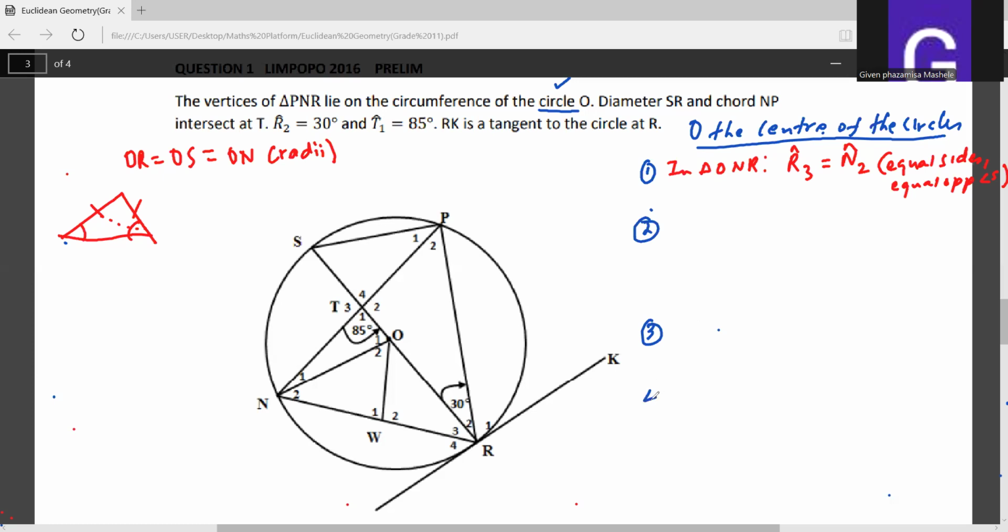Okay, let me just write them in that order. So, angle subtended by diameter.